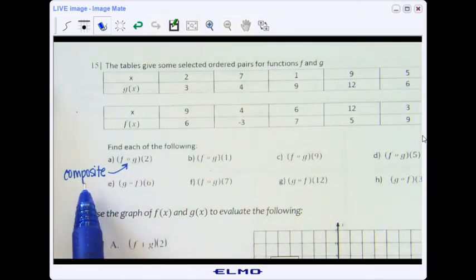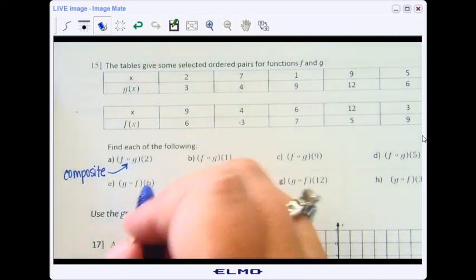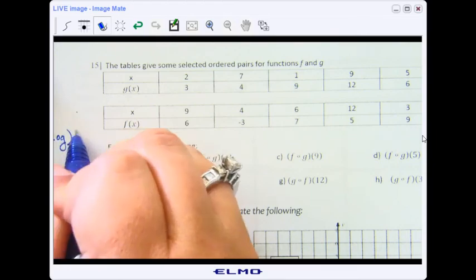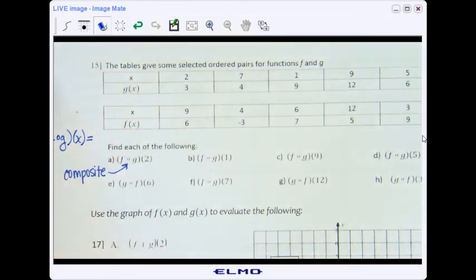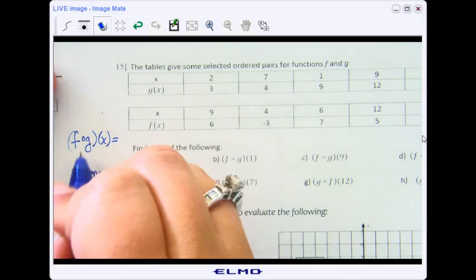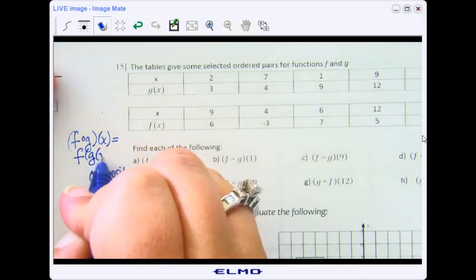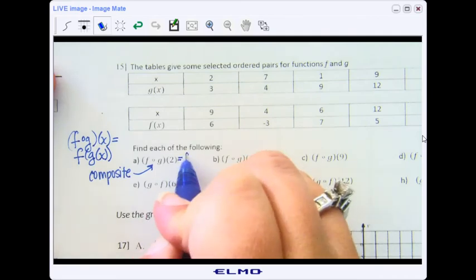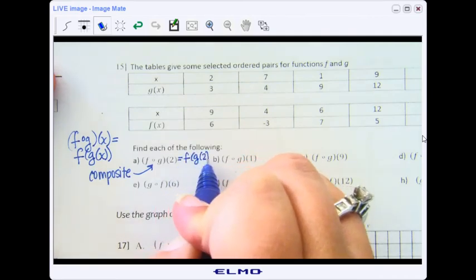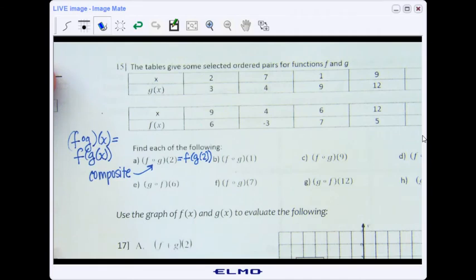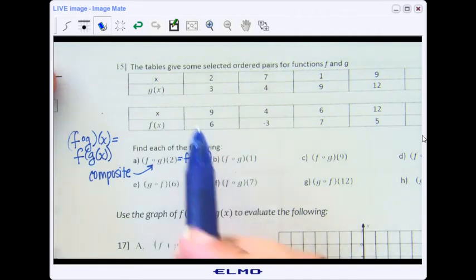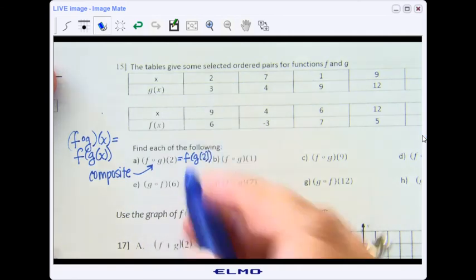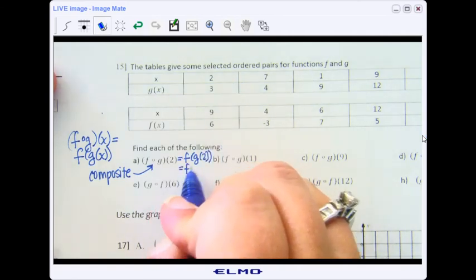With a composite, what this means is f of g of x is equal to f of g of x. So this means f of g of 2. So I need to know what is g of 2. So I go to g of 2, it's equal to 3. So I'm really finding f of 3.